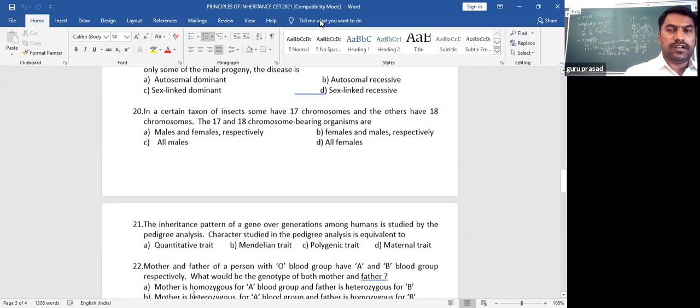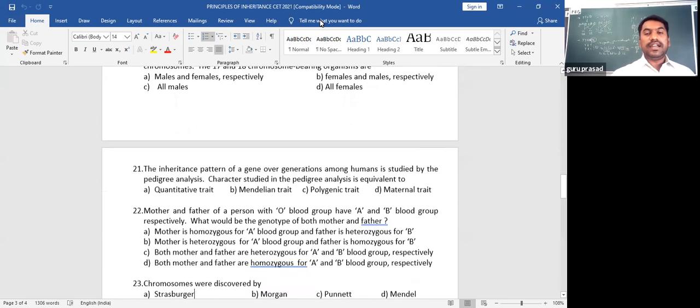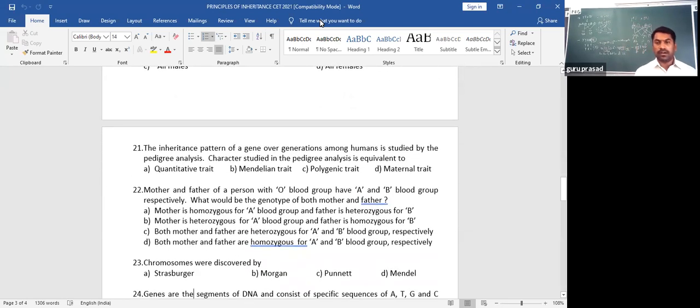Next, the inheritance pattern of genes over generations among humans is studied by pedigree analysis. The character studied in pedigree analysis is equivalent to, so some analytical concept is given.